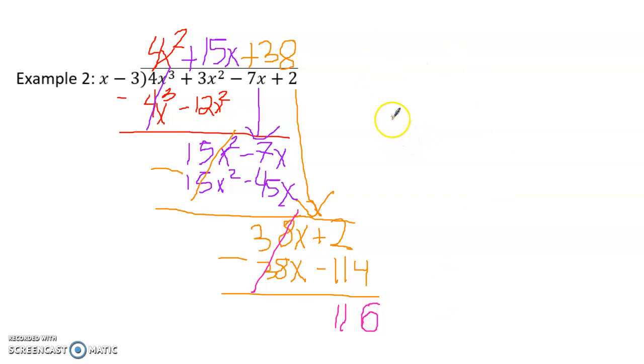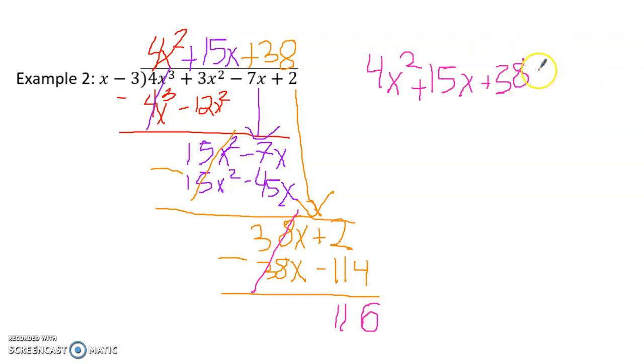So, for our final answer, this time we do have a remainder. Our quotient is 4x squared plus 15x plus 38.